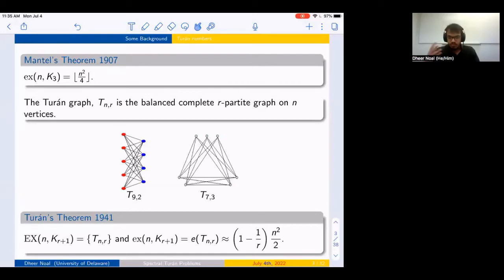And one sees that the extremal configuration is the complete multipartite graph where each part is of almost equal size. And the number of edges in such a graph is approximately (1 minus 1 over r) times n squared by 2, where this r is related to the size of the forbidden complete graph. Right.